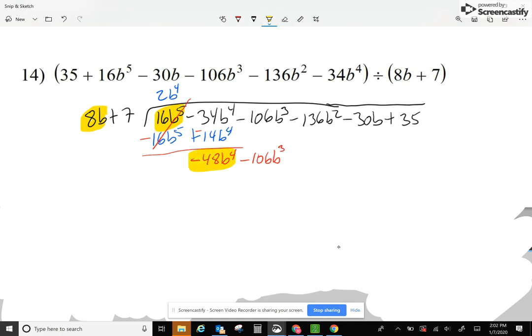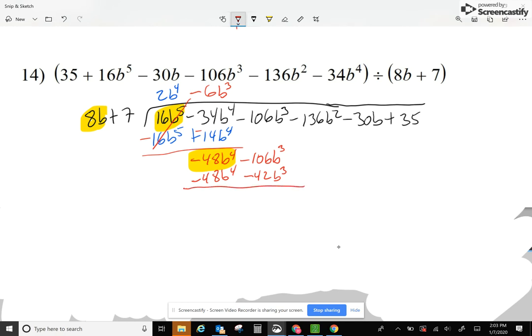Divide the first term on the inside by the term on the outside. Numbers wise, negative 48 divided by 8, that gives me negative 6. Letter wise, I'm subtracting the exponents. Now multiply the negative 6b to the 3rd to the terms on the outside. That gives me negative 48b to the 4th minus 42b to the 3rd.